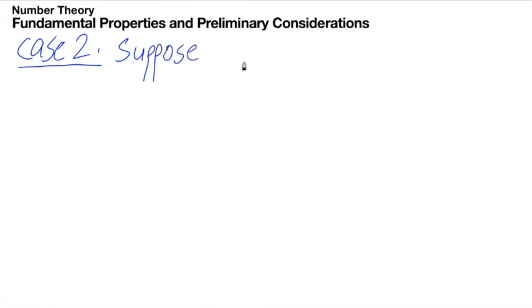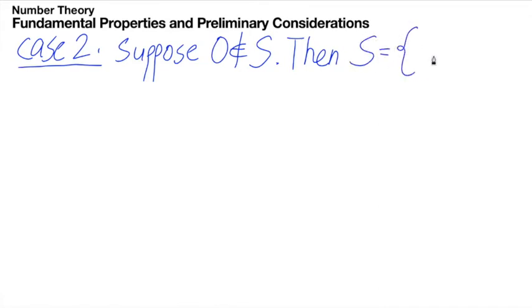Case 2. For case 2, let's suppose 0 is not in S. Just for example, that 0 is not in S. Then the set S will be all elements that are positive integers, since 0 is not part of that set.